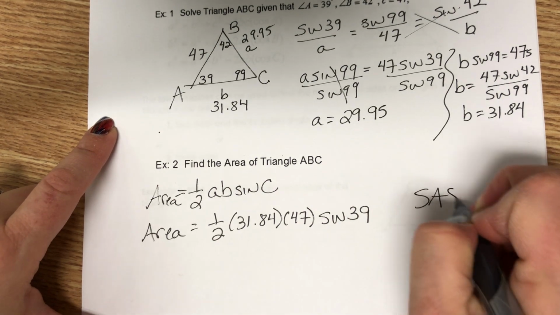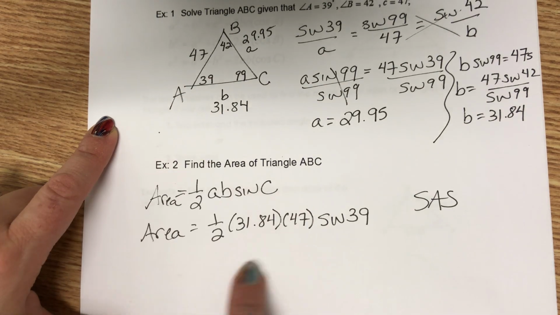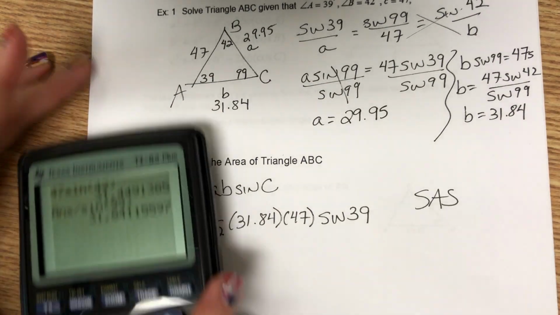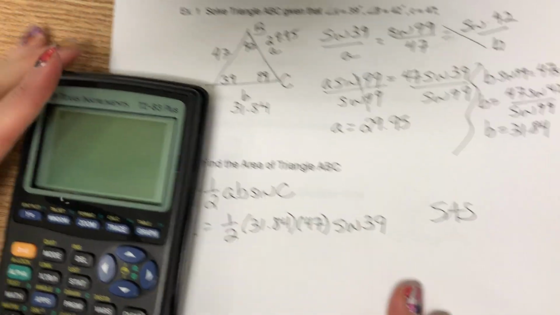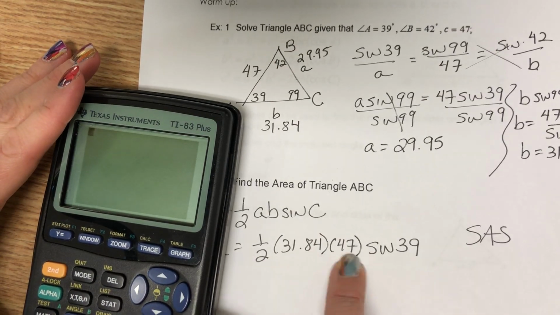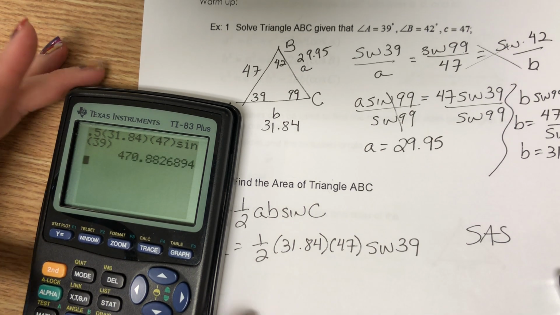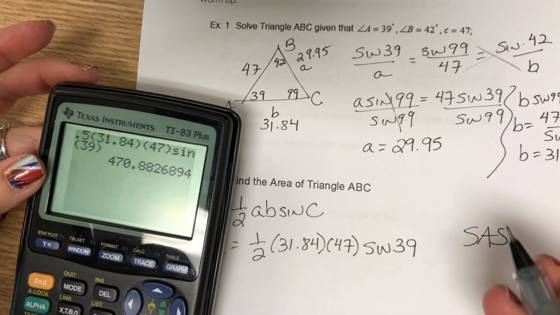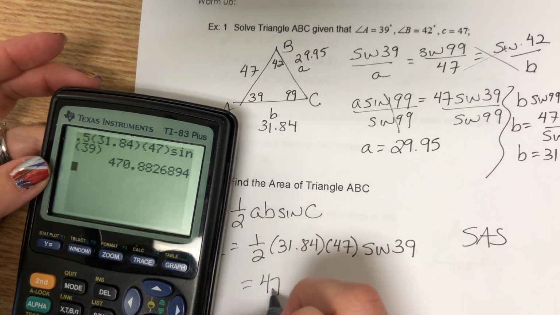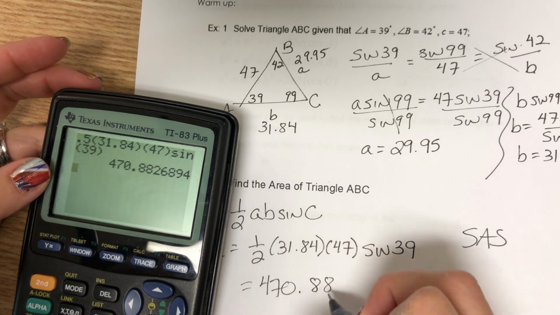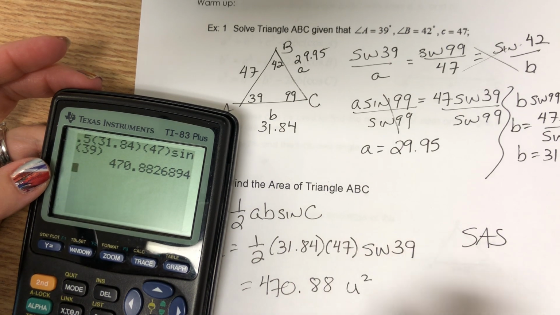So when you have side angle side, you can fill them in. Even if you picked a different angle, you'd have 2 different sides and we should all get the same answer. So around 470.88 units squared.